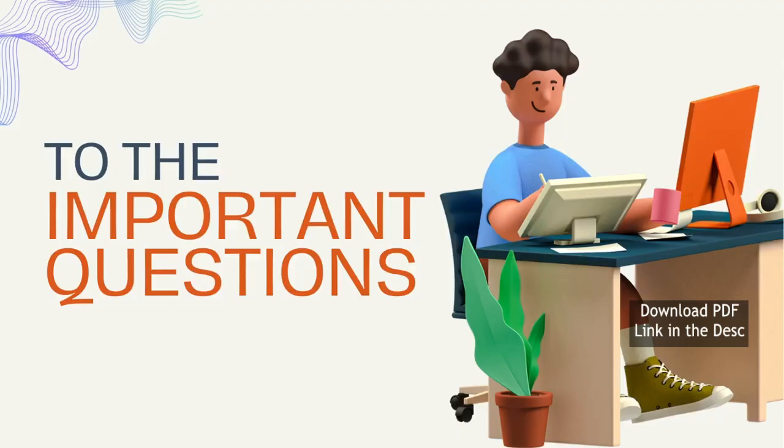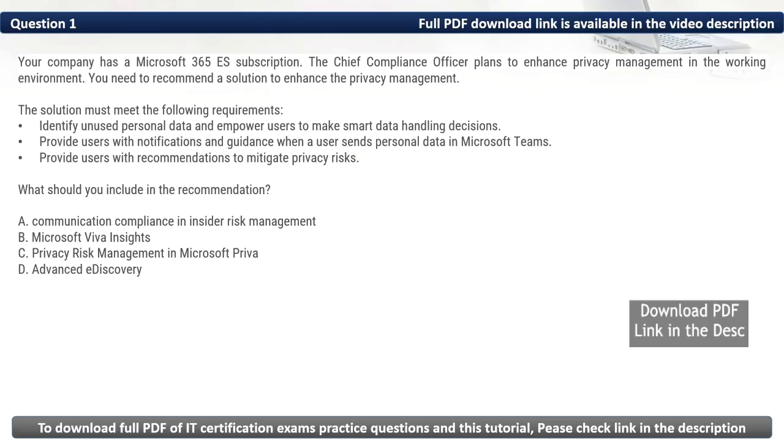Now to the important questions. Question 1. Your company has a Microsoft 365 E5 subscription. The Chief Compliance Officer plans to enhance privacy management in the working environment. You need to recommend a solution to enhance the privacy management.